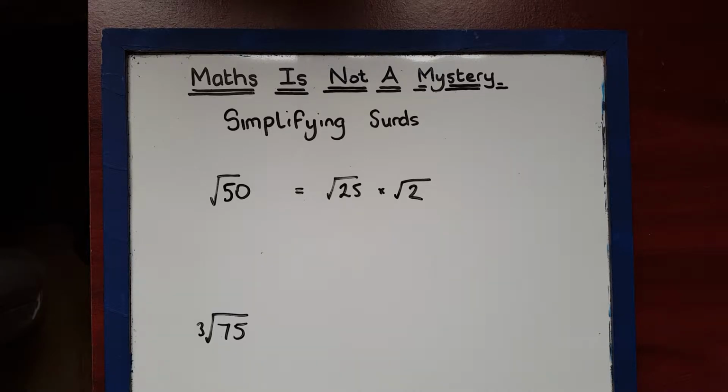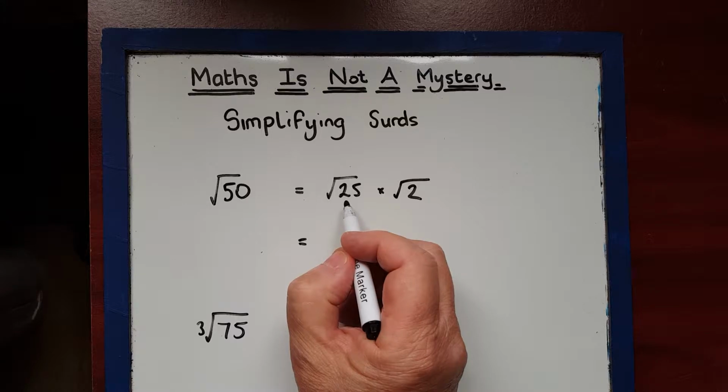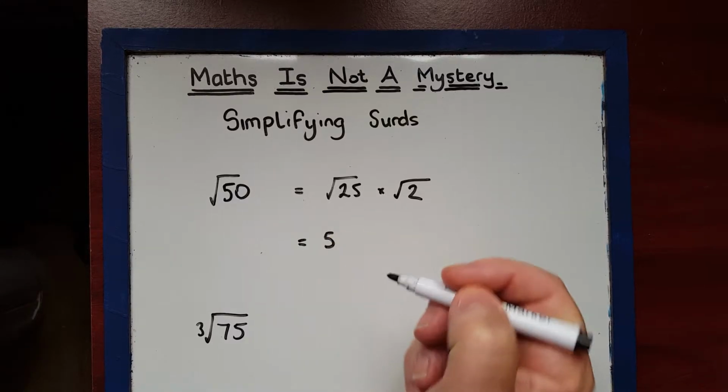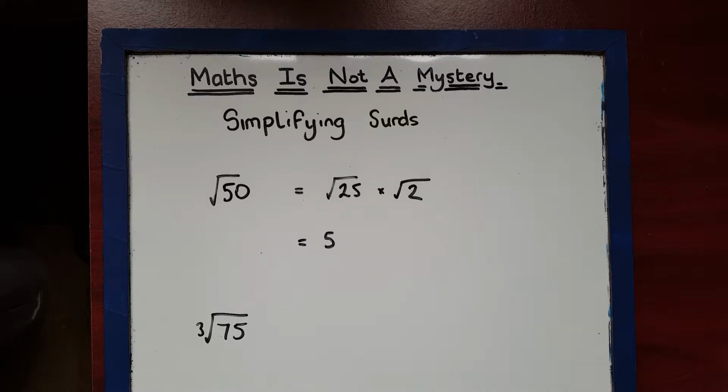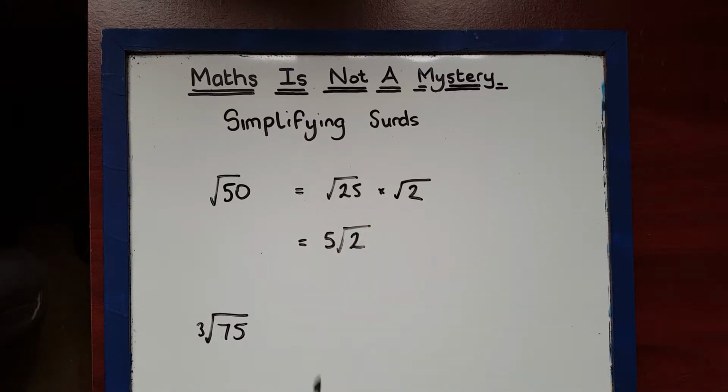The difference here, however, means that we know one of these. We know that the square root of 25 is 5, so we can write that as a real number. We don't know what the square root of 2 is. That's still an irrational number. So we finish this surd off by saying that the square root of 50 is the same thing as 5 lots of the square root of 2.